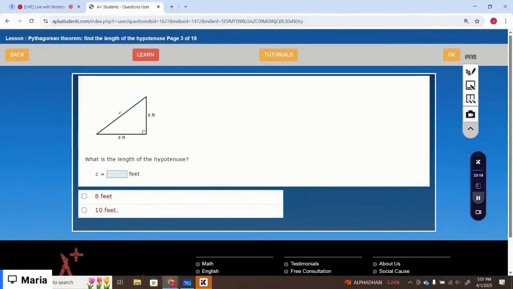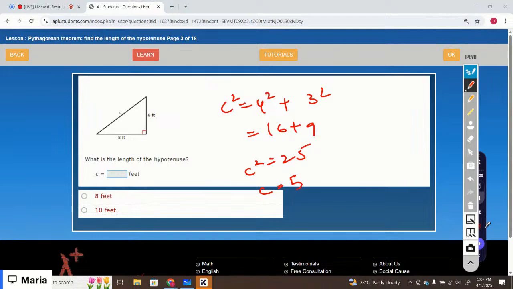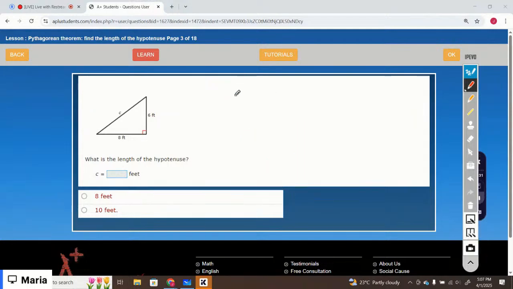What is the length of the hypotenuse? So which is the correct option? That is c square equals 8 square plus 6 square. 8 square is 64 and 6 square is 36.